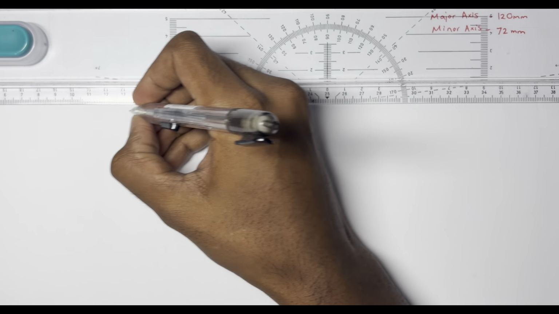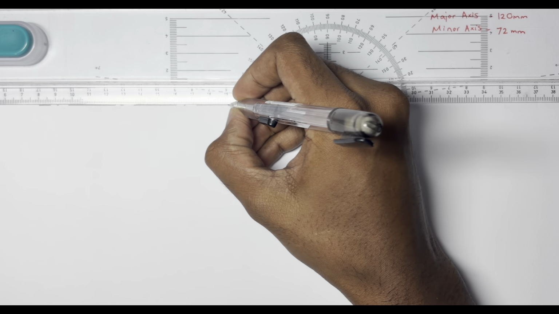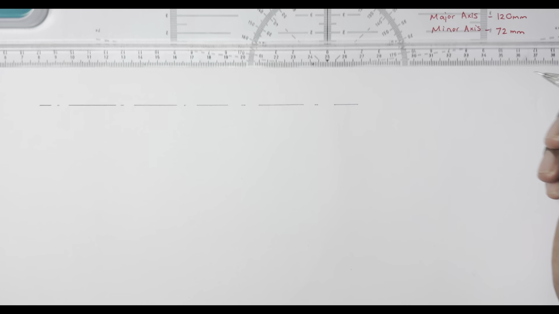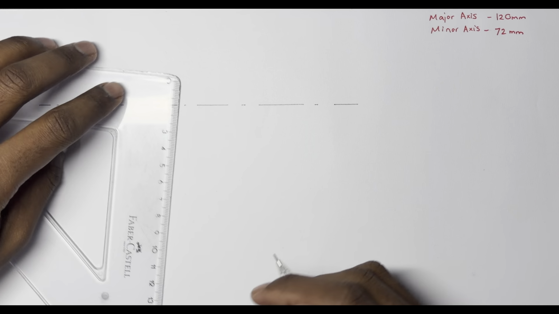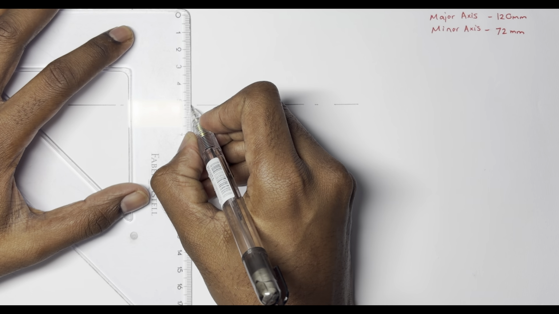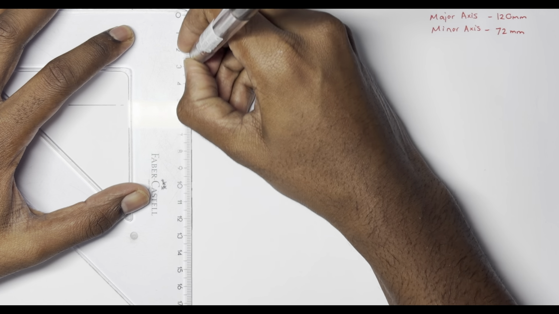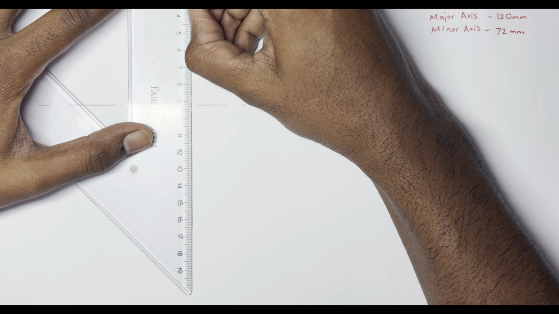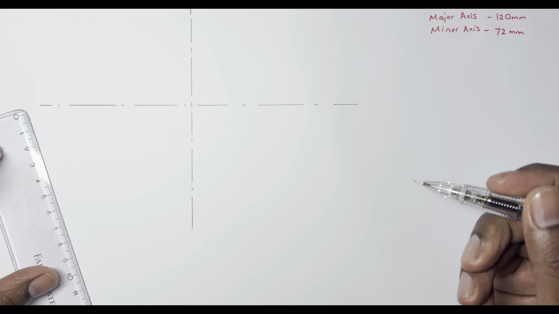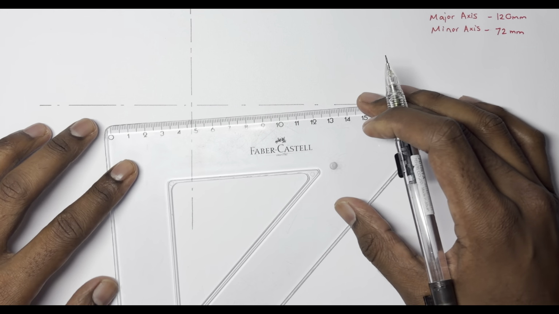So we'll start with a center line in the middle of the page. If it's not given to you, obviously you must draw it in center line, and then from there we do another center line. So you've got your major axis, your minor axis.